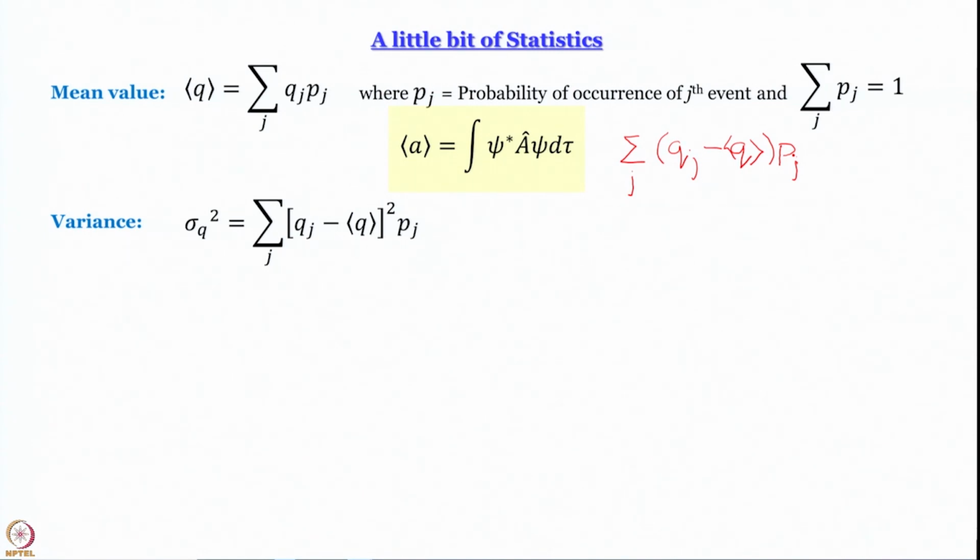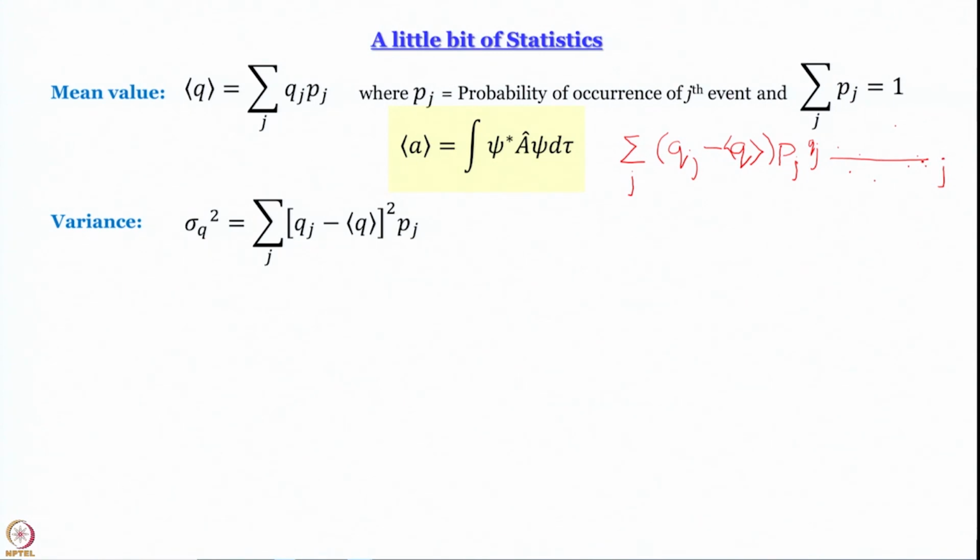For a good distribution, let us say I draw something like this. This is the mean value that is going to remain invariant for all measurements. On the x axis I have j, on the y axis I have Qj. For one measurement I should get something like this, for the next measurement I might get something like this, and so on and so forth.